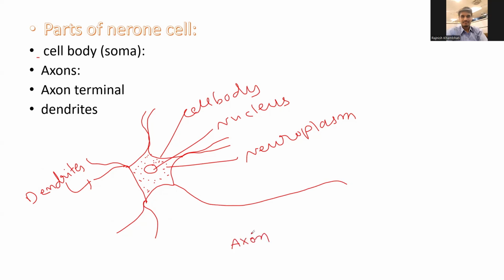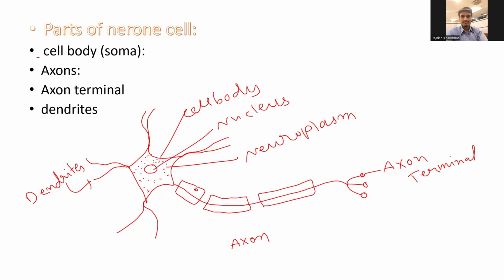The end of the axon terminates into a structure like this, which is known as axon terminal. And this axon is covered by a structure known as myelin sheath.